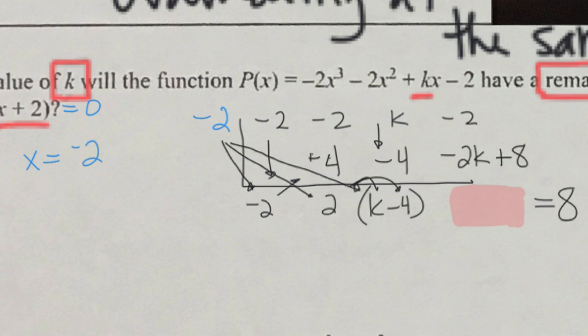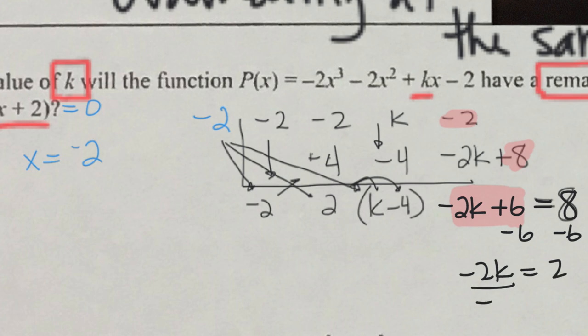So now I am adding a number to an expression. I'm going to combine my like terms. What is -2 plus 8 is a +6. So I have the equation -2k plus 6, which is the remainder. That needs to equal 8. Okay, so I have just made an equation that I can solve for k.